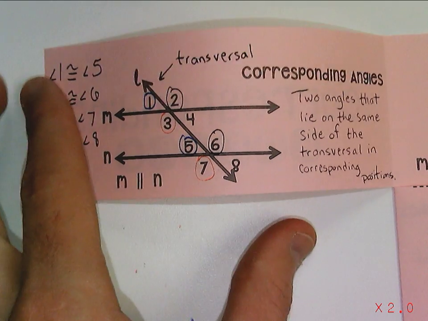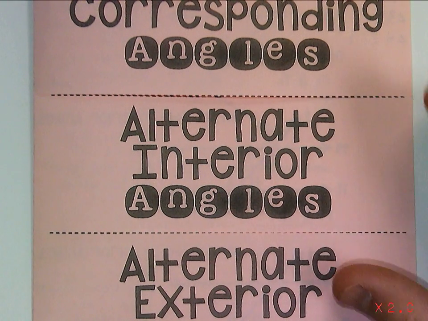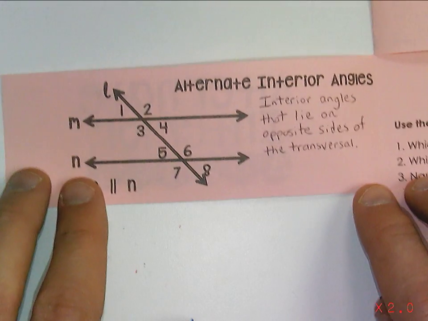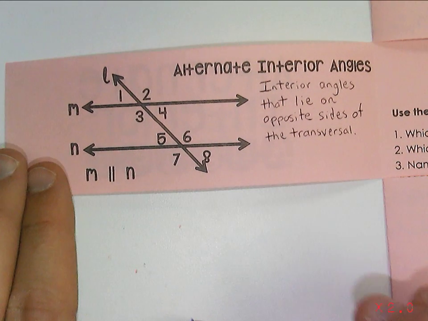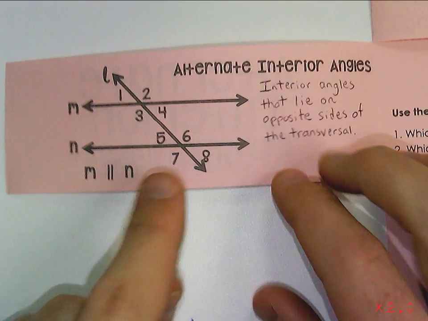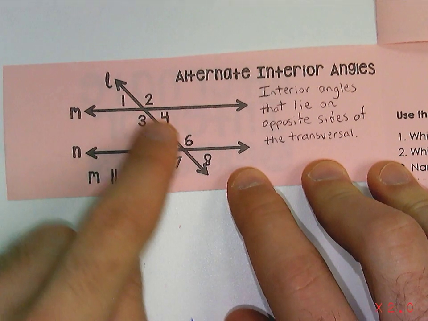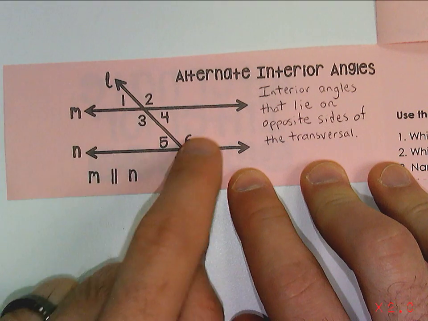Moving on then, we'll look at alternate interior angles, so the second one here. Alternate interior angles are interior angles that lie on opposite sides of the transversal. Remember, L is our transversal here, and we're looking at the interior angles here.